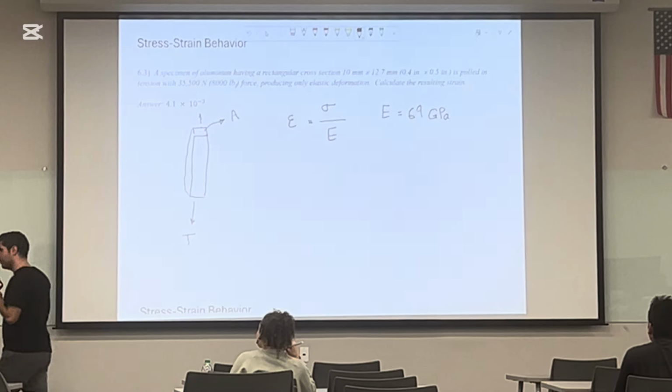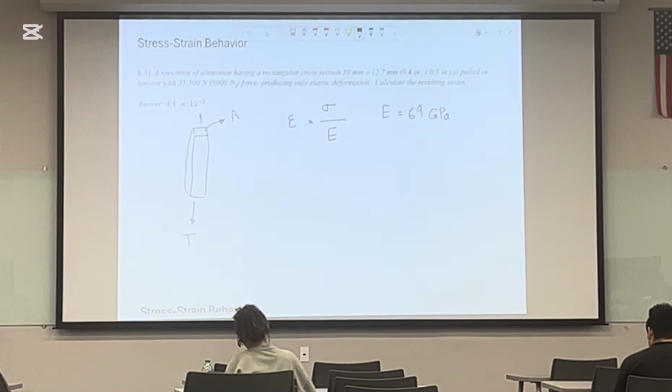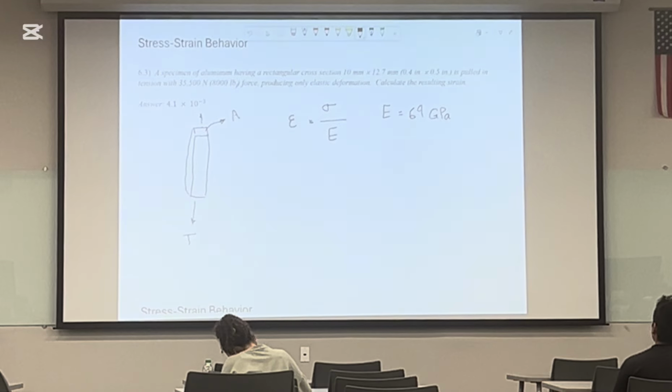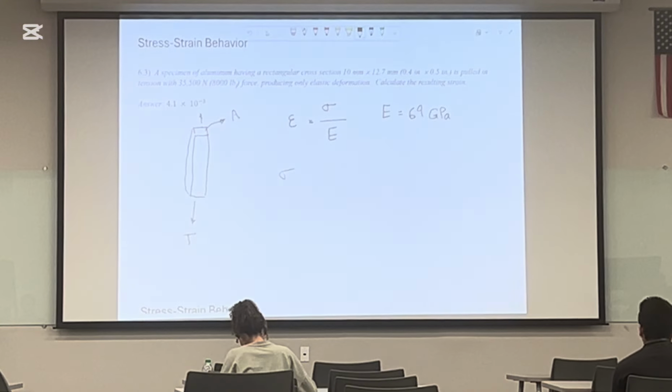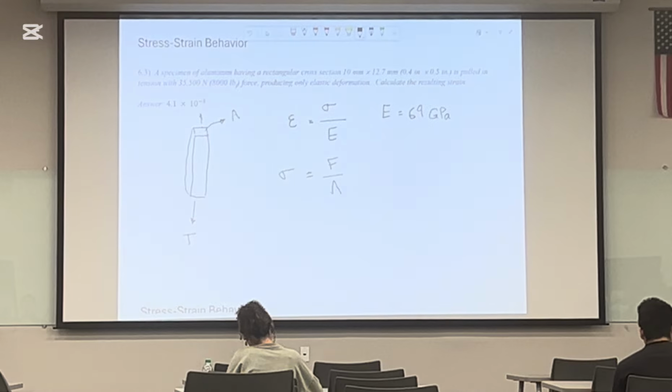Yeah, so if we have the Young's modulus, we just have to find the stress, and then this formula we can easily calculate this, right? And to find the stress, it's just force over the cross section, and we have both the force and the cross section.